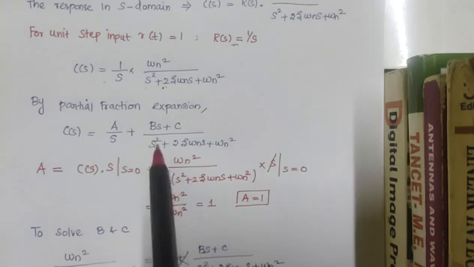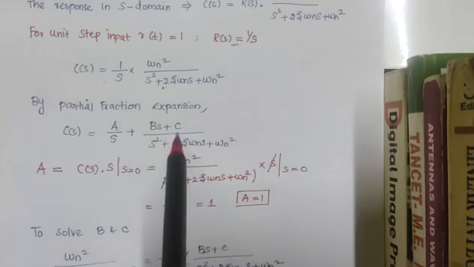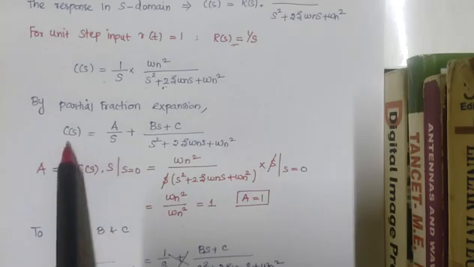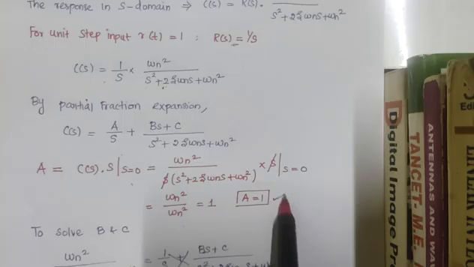Now you have to compute A. A can be computed using C of s into s, s tends to 0. You are getting A equal to 1.